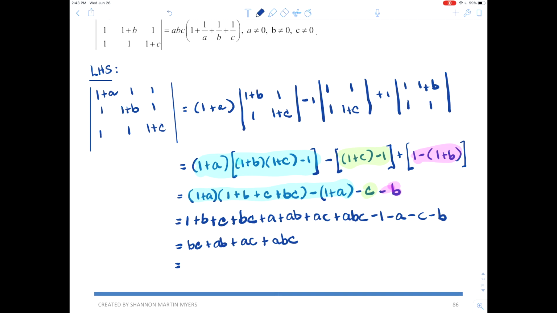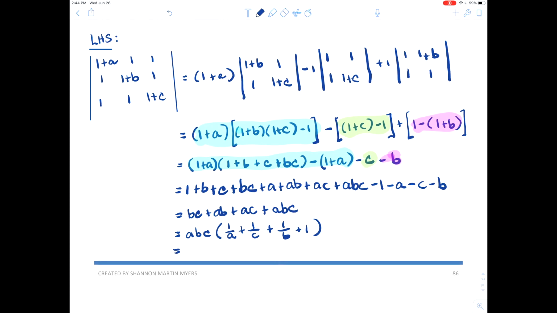So if I factor out an abc, what will I get for the first term? 1 over a, and then what? 1 over c, and then 1 over b, plus 1, and cleaning it up so it looks just like the right-hand side, we'll have equals abc times 1 plus 1 over a plus 1 over b plus 1 over c, and we verified it.